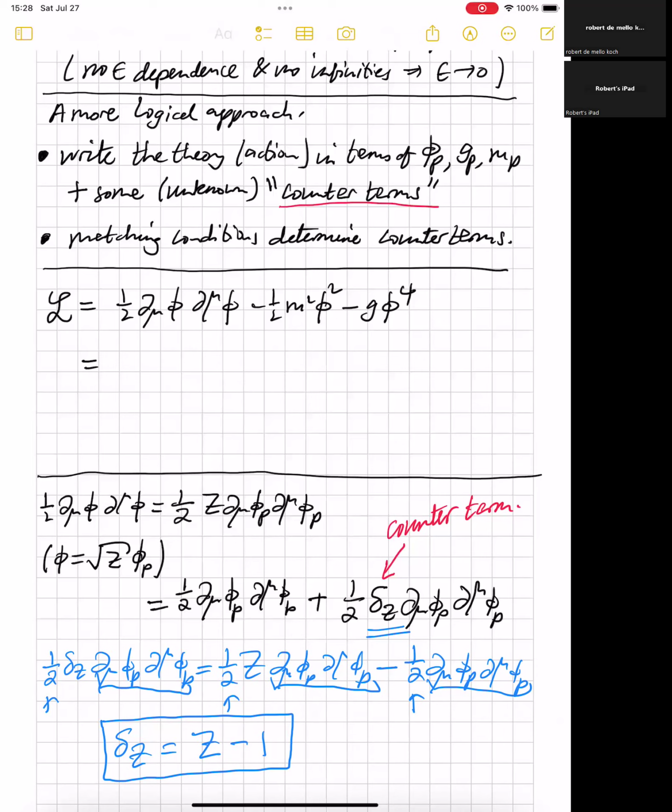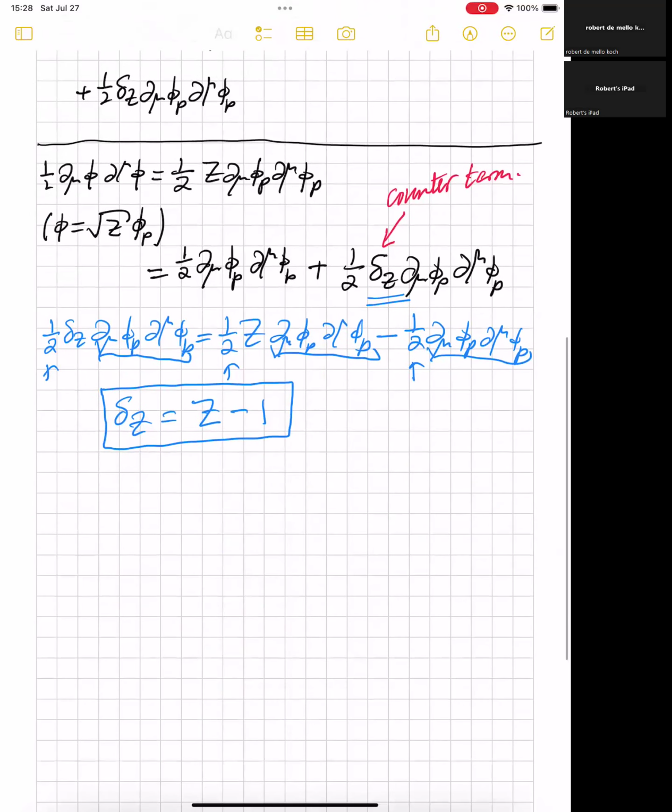So let's write down our first contribution. So we've got 1/2 d mu phi physical, and then we've got the counter term, 1/2 delta z d mu phi physical. Good. Then we want to add in the mass term. So let's now do something similar for the mass term.